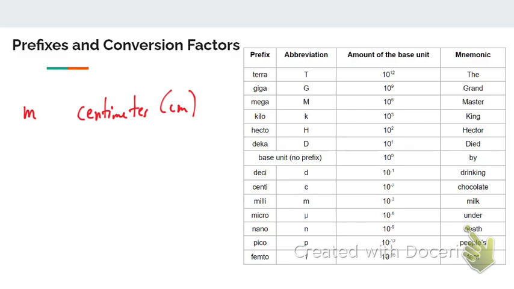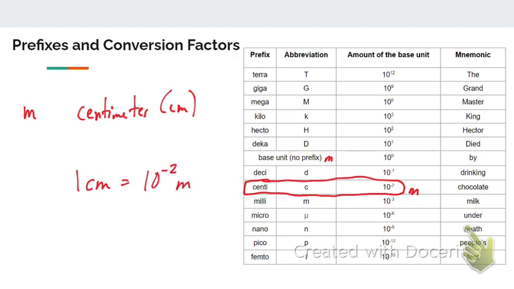So I would find centimeter, and it tells you the number of base units. Our base unit is meter in this case, so 1 centimeter equals 10 to the negative 2 meters. What I just came up with is called a conversion factor.